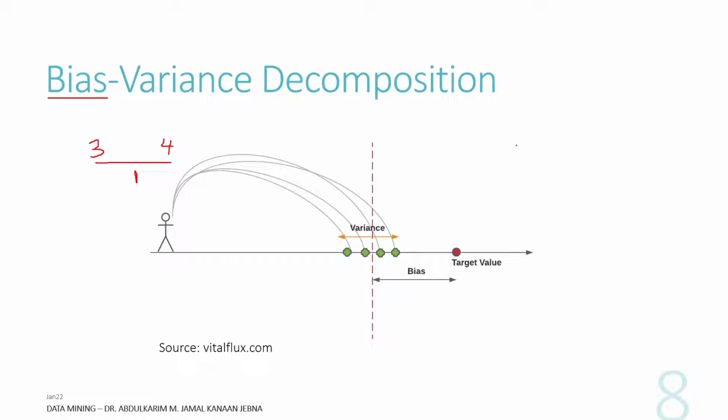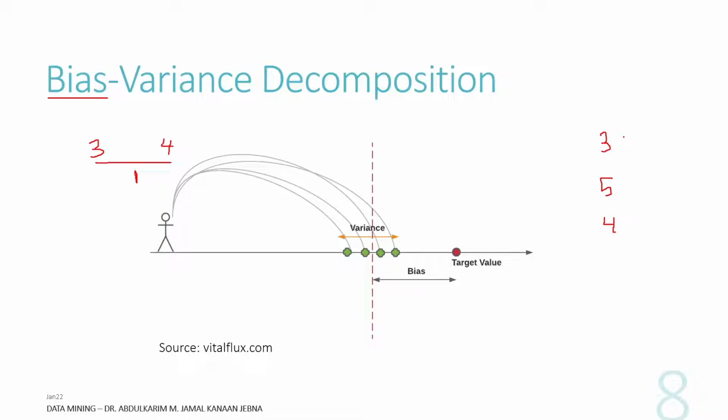Variance: let's say I ask you 2 by 2, and you tell me 3. Then you go study again, come back, and I ask you 2 by 2, and you tell me 5. Another time I ask you, and you tell me 4. The point is, with variance we're measuring how different these values are from each other.